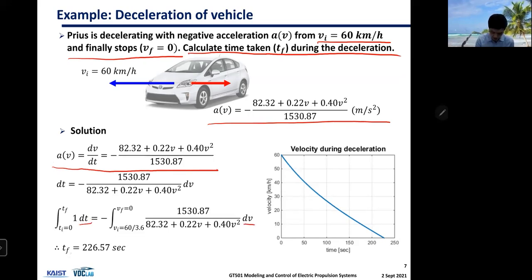Then we can compute final time, because that's the only unknown value if you solve that equation. Of course, this one requires these initial and final states to determine the time. Okay.